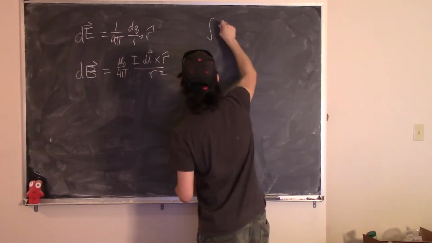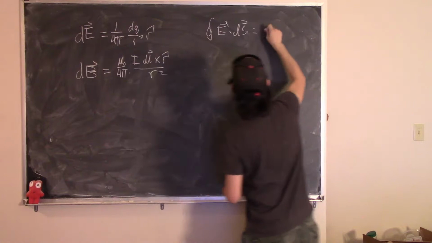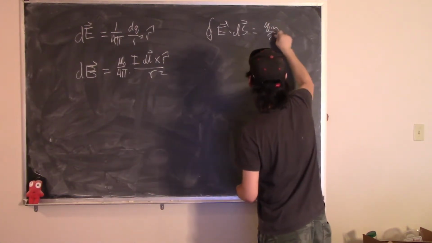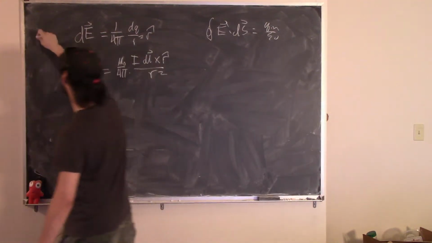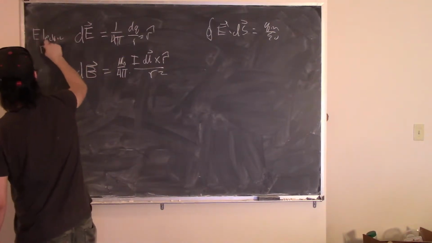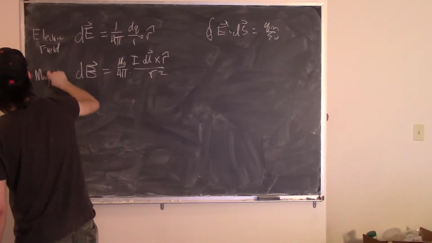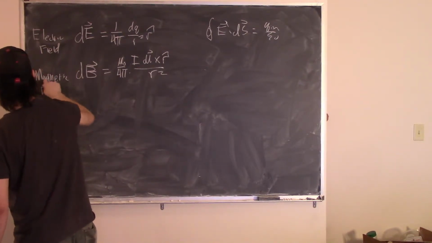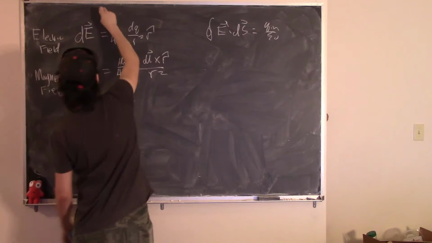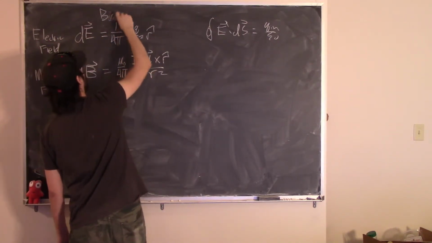And then we had Gauss's law. Integral E dot ds is equal to q in divided by epsilon naught. So this was how we could calculate an electric field. Here's how we can calculate a magnetic field. This is brute force, brute force.